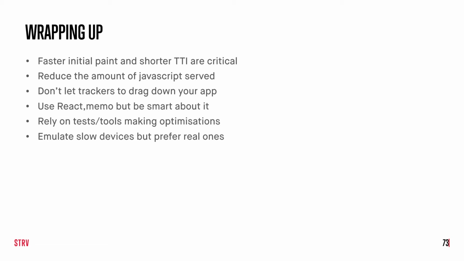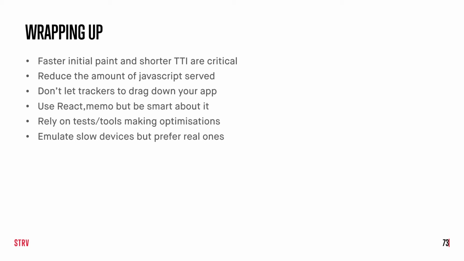Don't let the trackers drag you down. Use React Memo, but as I said, be smart about it, because it's not just adding React Memo and it's magic. You need to be smart about it. And always try to rely on tests and tools to make your optimizations. Don't just go and make changes because you don't know if it's actually going to do what you think it's doing. So first check the current state and then test after you make changes.